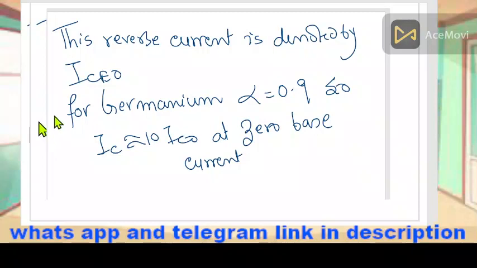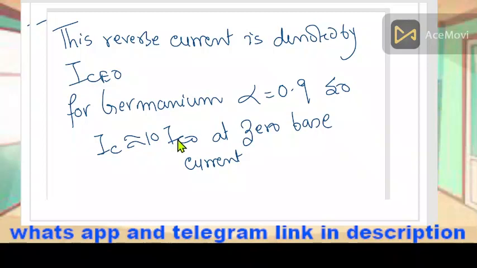The first concept is that for germanium, alpha is approximately 0.9. So in this case, the collector current IC is 10 times the leakage current ICO at 0 base current.